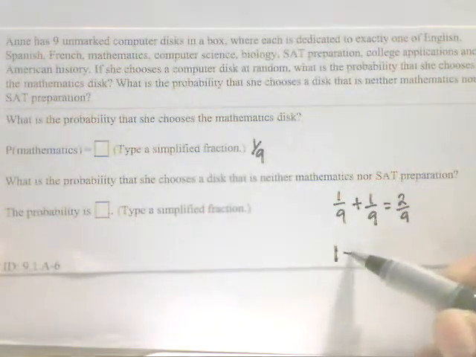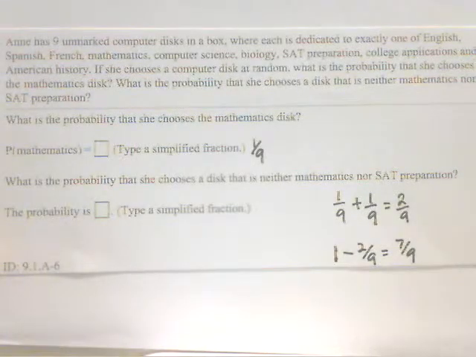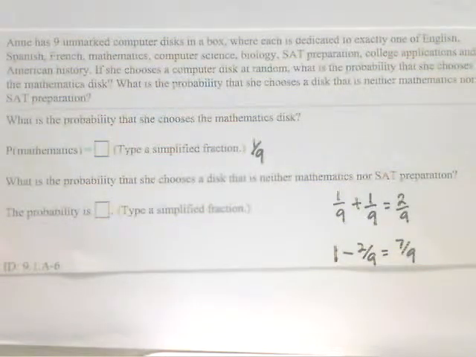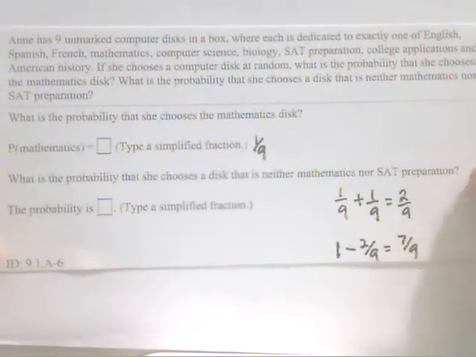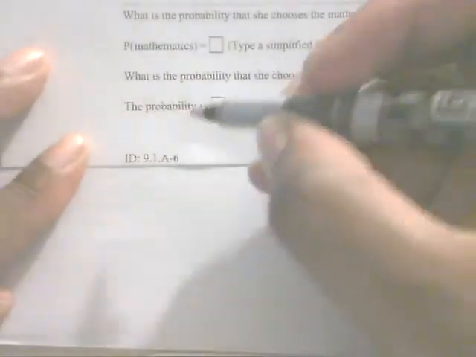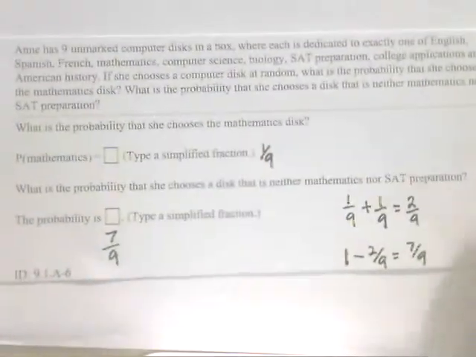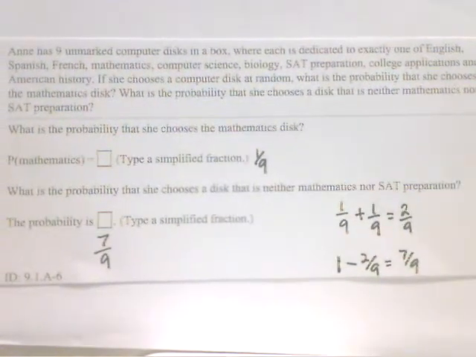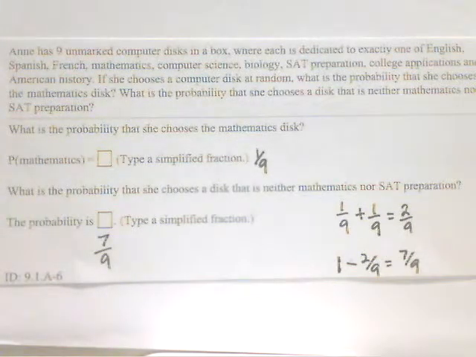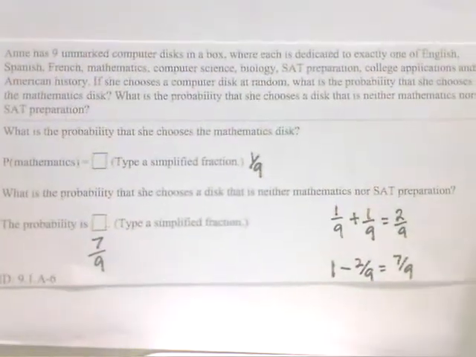Or you can think of this as 1 minus 2/9, which is 7/9. So the probability that she chooses a disk that is neither mathematics nor SAT preparation would be 7/9. You can think of this intuitively as this: if we don't want mathematics or the SAT preparation, then we want the remaining 7. So it'll be 7/9 as your final answer.